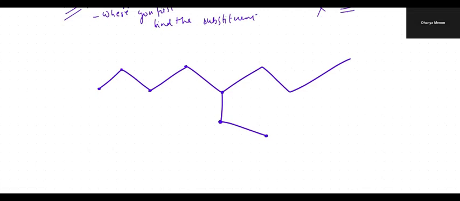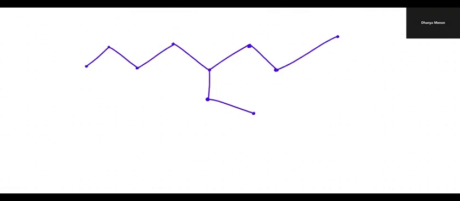All these bond ends and all these vertices are carbons. Now let's number it. Suppose I number it from here: 1, 2, 3, 4, 5, 6, 7, 8.